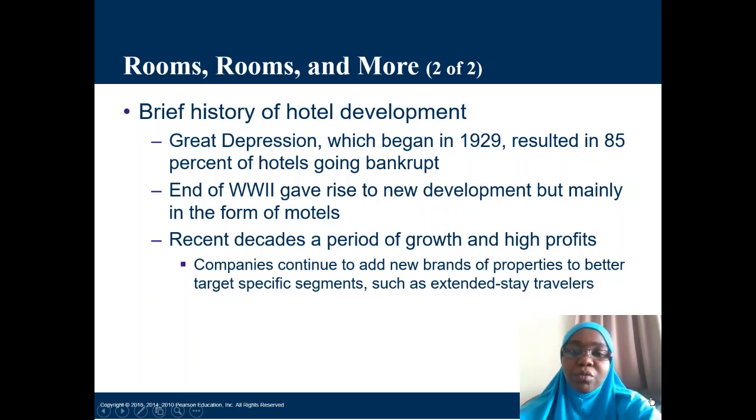After the end of the World War, there was gradual development, and this stayed until recently, where we have so much development in the hotel industry as a result of transformation in information technology and so on. So companies continue to add new brands of properties to better target specific segments, such as extended stay travelers. All these are developments in the hotel industry.